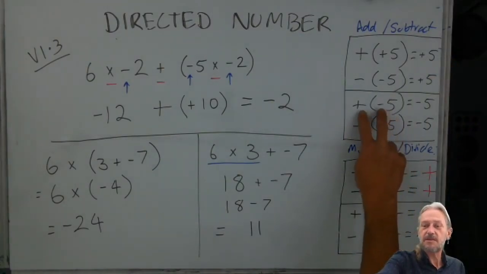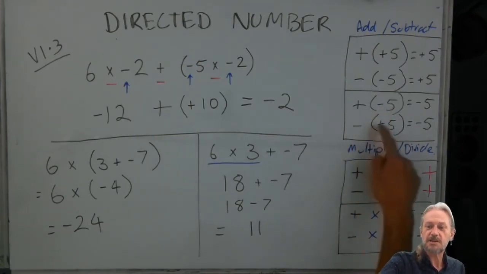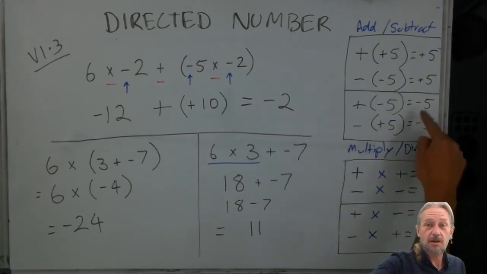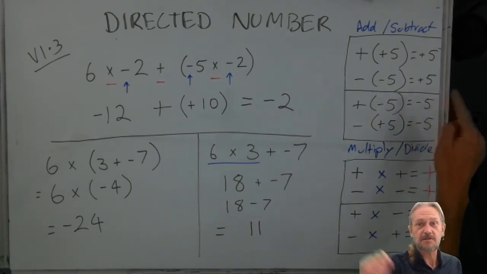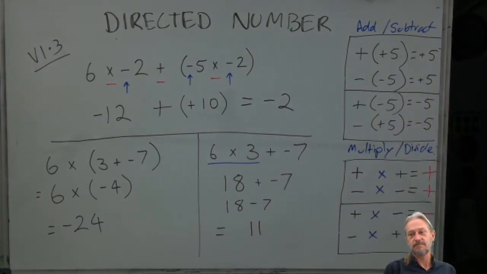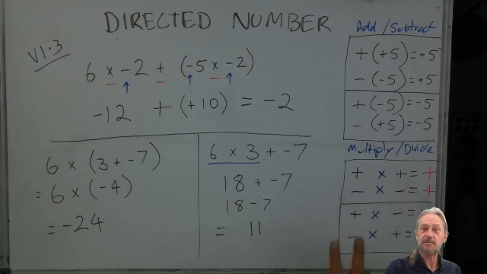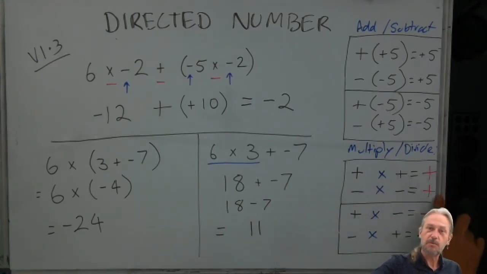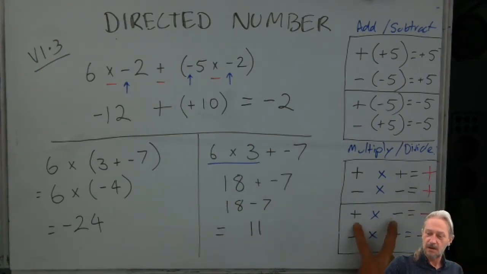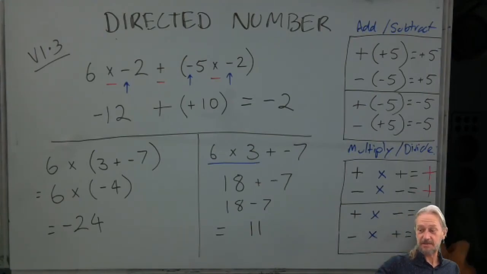When the signs are different, when we're adding a negative or subtracting a positive, it's kind of like subtracting a positive number. When we multiply two numbers with the same sign, our answer will be positive. When we multiply or divide two numbers with different signs, our answer is going to be negative.